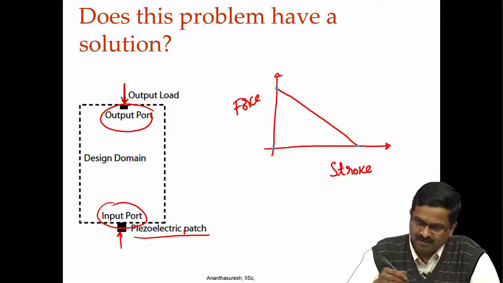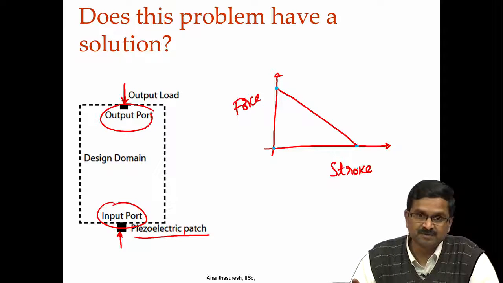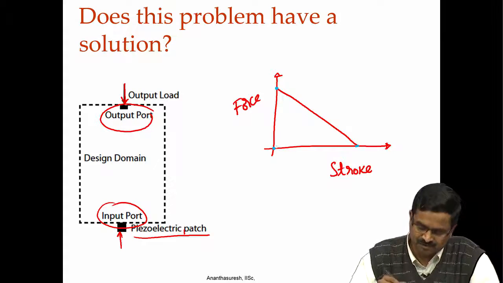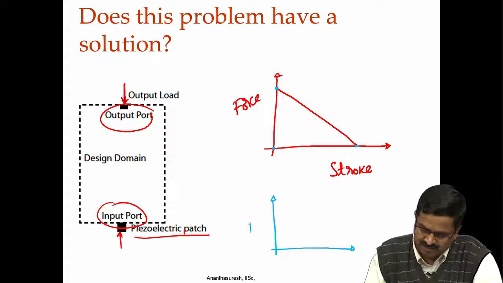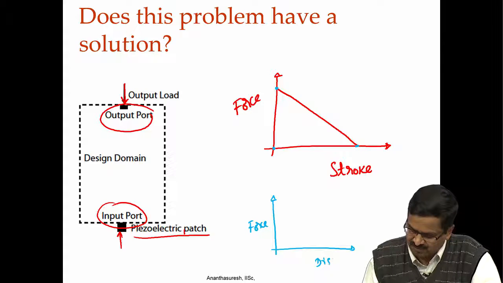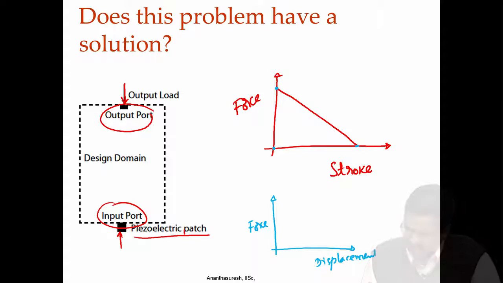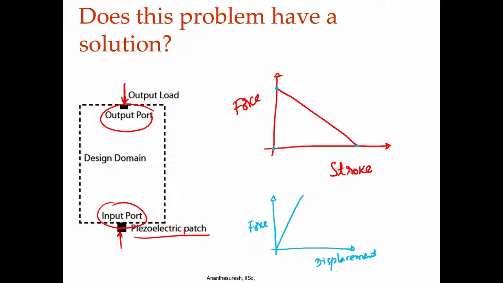Now, if you look at force versus displacement, it has a negative slope here. A normal linear spring, if there is force and displacement, which is our stroke here, what we are calling stroke for an actuator, will have a positive slope, whereas here we have a negative slope.